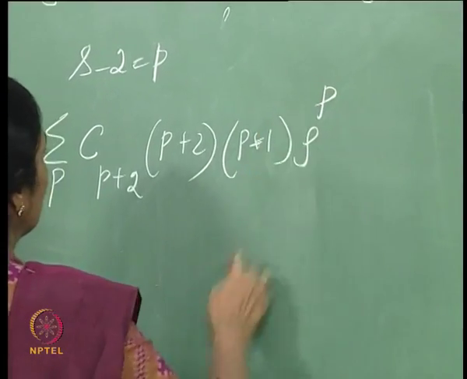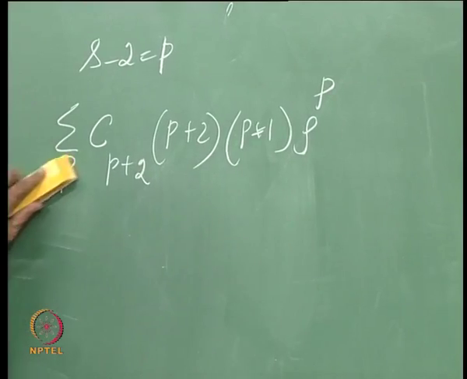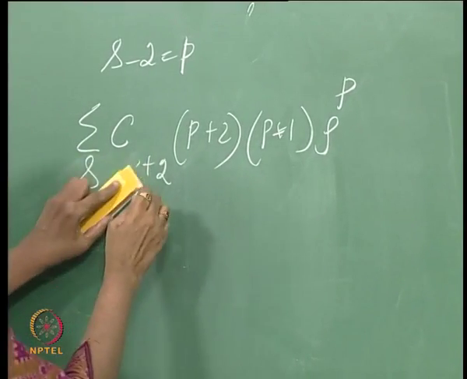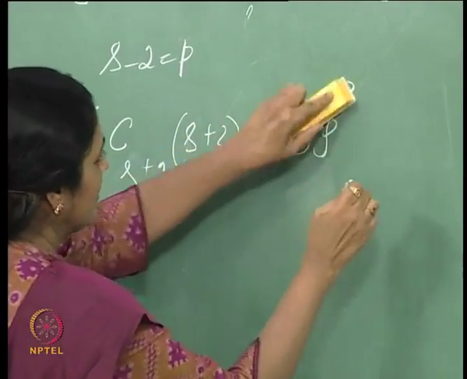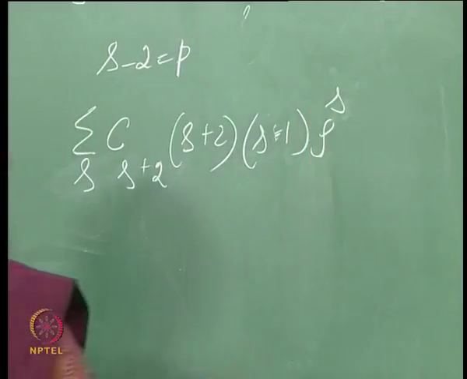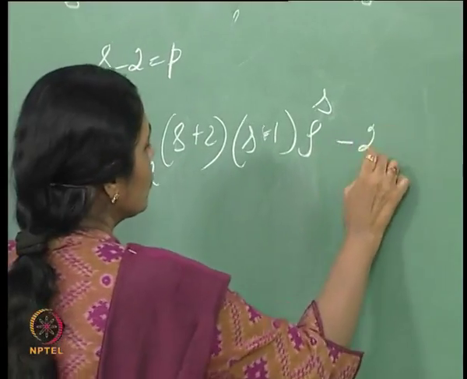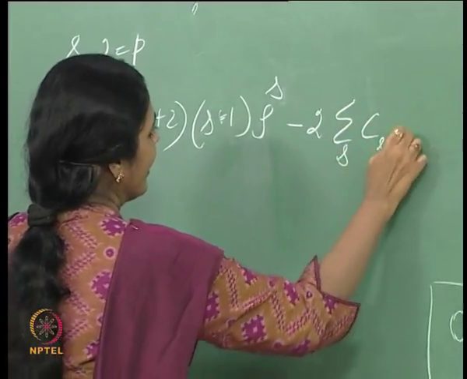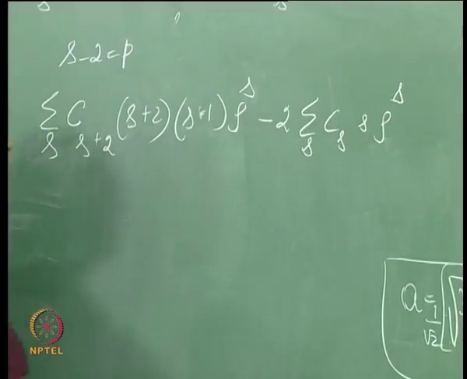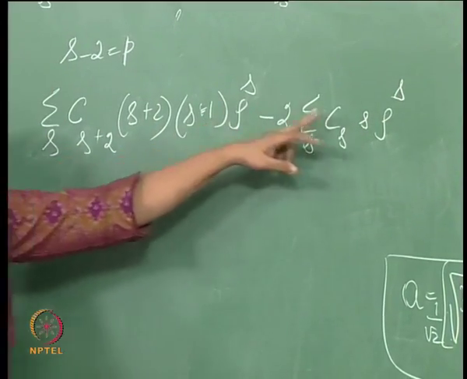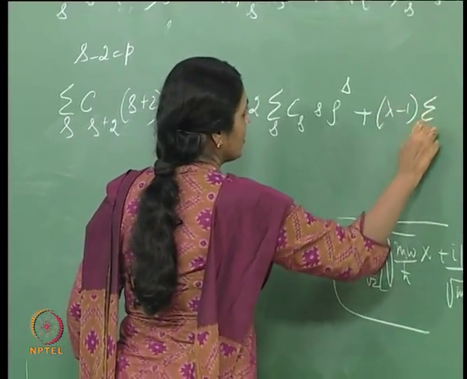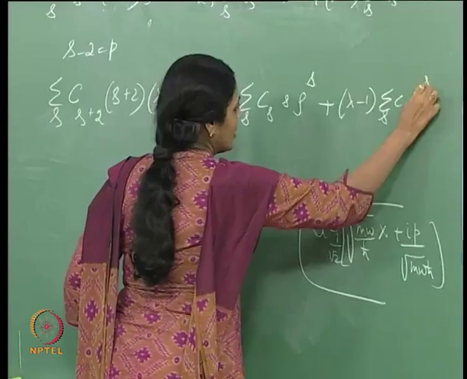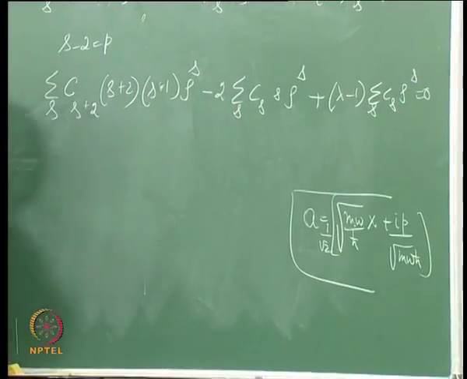Rho to the power of p, that is the first term, and I can go back to calling p as s because that is summed over, that is just a dummy index. That is my first term, minus 2 summation over s Cs s rho to the power of s. So I am just trying to pull out coefficients of rho to the s plus lambda minus 1 summation over s Cs rho to the s is 0.